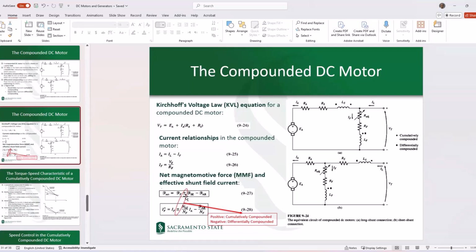The plus is associated with the cumulatively compounded case, and the minus with the differentially compounded case. Now, if you divide both sides of equation 9.27 by NF, you would get IF star, the effective excitation circuit current, equal to IF plus or minus NSE over NF times IA, minus F armature over NF, where NSE is the number of turns in the series circuit. Okay, that is also shown here.